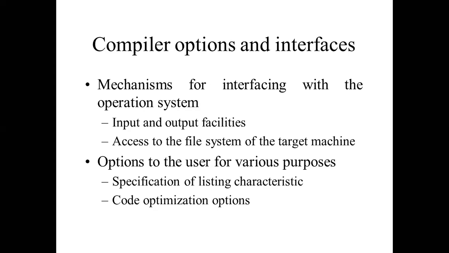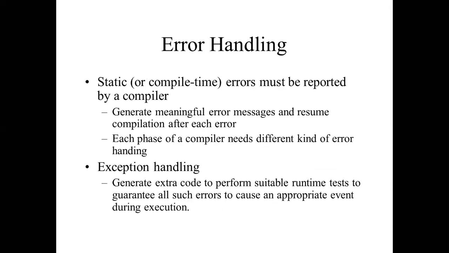Mechanism for interfacing with the operating system, input and output facilities, access to the file system of the target machine, options to the user for various purposes, specification of listing characteristics and code optimization. This is also error handling because it also reports the errors. So this is the basic role of the compiler.